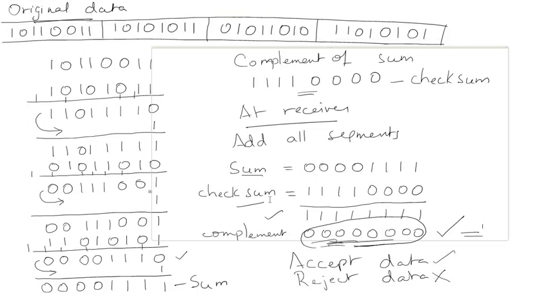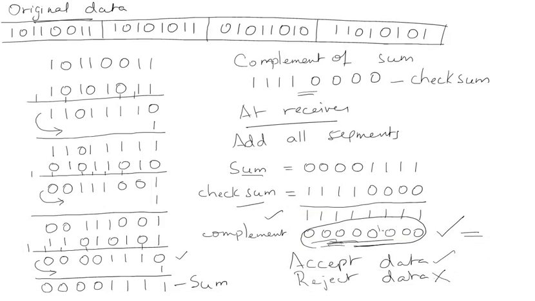Then along with this sum, the checksum also has to be added. When both of these two are added, this is the result we get, with all ones. After adding the sum and the checksum, this has to be complemented. When you take the complement, the result should contain all zeros.